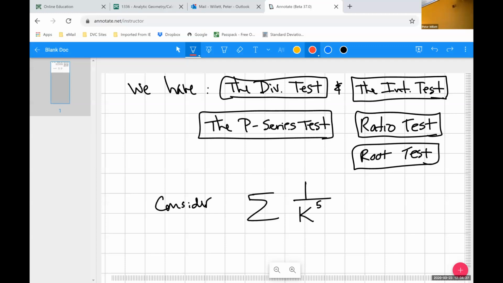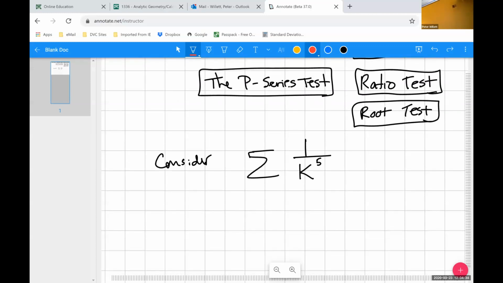Do we believe this converges or diverges? C or D? Any opinions? Converge. And are you willing to try to justify that? P-series test. Exactly.